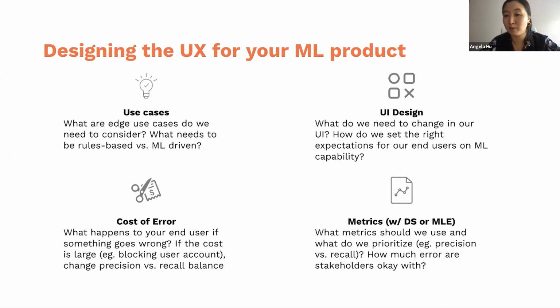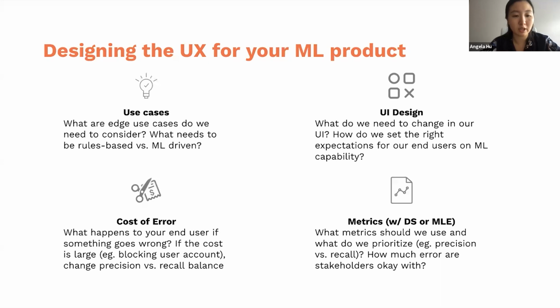So they'll often show you because you looked at a certain product or because you watched a certain show, this is why they're recommending you something. And so it communicates to the user that it's a machine learning driven component or a recommender system driven component. And the second piece is that it also helps you to understand a little bit more about how the system thinks, which is really important in terms of building trust and setting the right expectation for our end users.